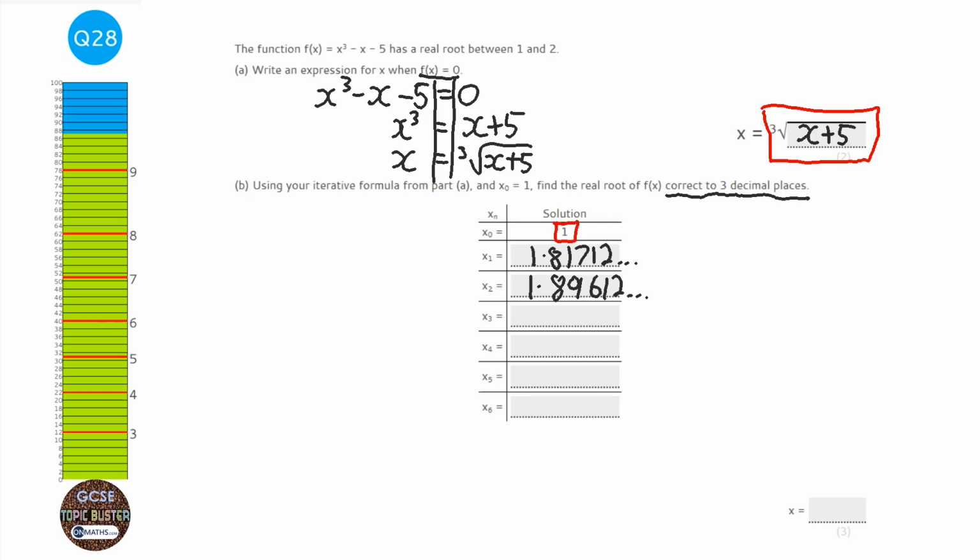So I'm going to do the cube root button, answer plus 5, and we've got 1.9034 blah blah blah, cube root button, answer plus 5, and we've got 1.9040 blah blah blah.